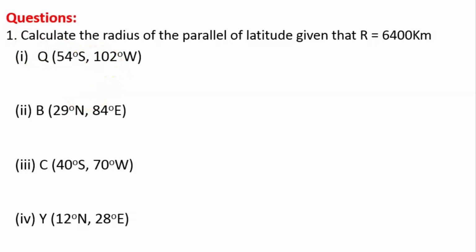This question asks us to calculate the radius of parallel of latitude, given that R is equal to 6400. Very quickly, we know that r is equal to capital R cos alpha, and this alpha is our latitude angle.